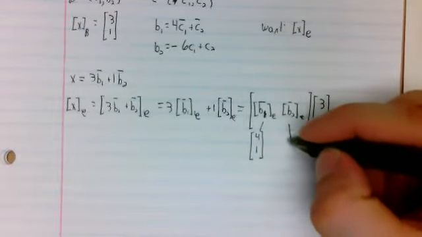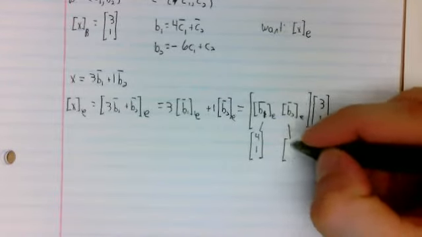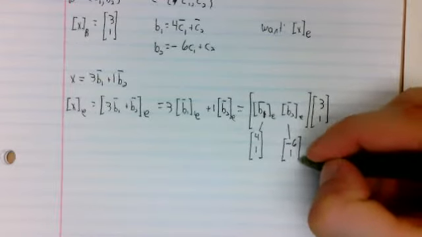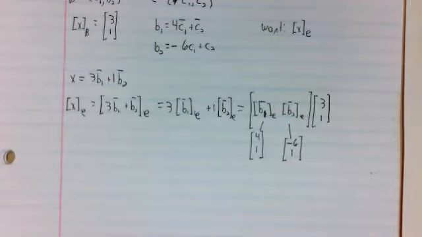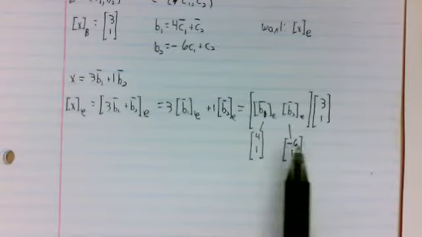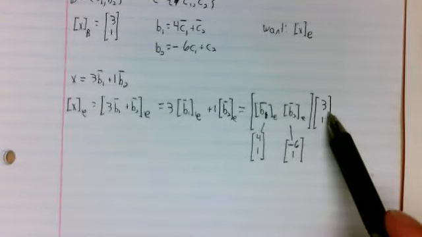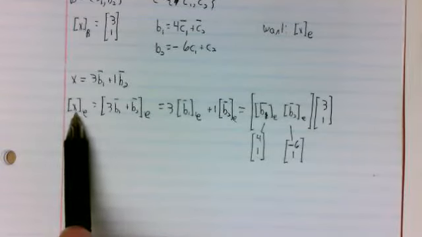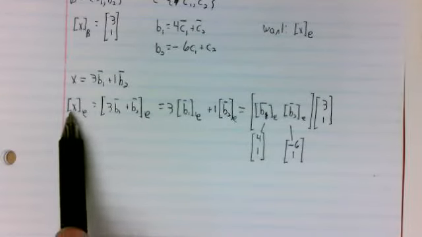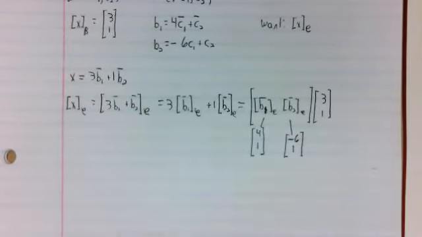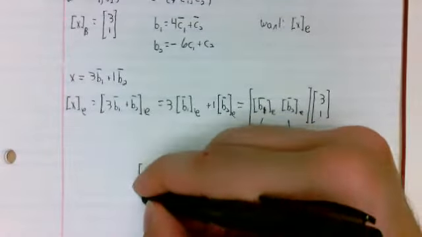B2 expressed in terms of C is negative 6, 1. So this matrix times this vector equals this: x expressed in terms of this new basis C.